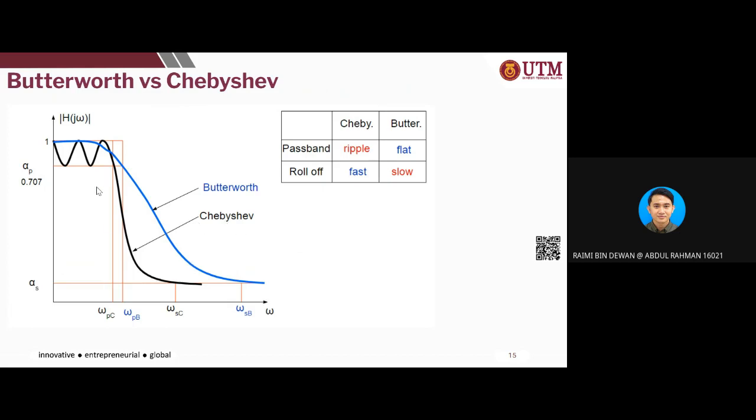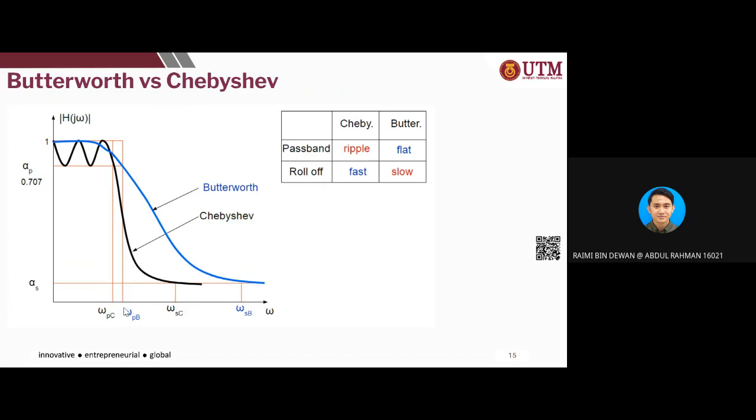So omega PC is actually the passband frequency for Chebyshev. That's why we have C here.